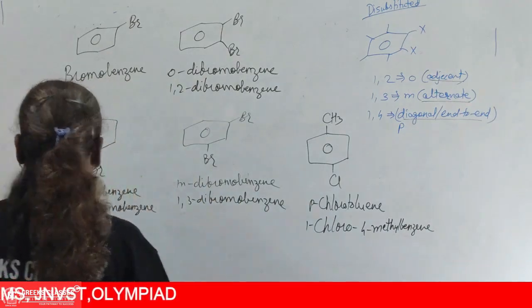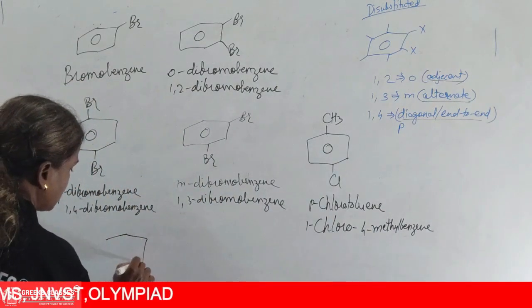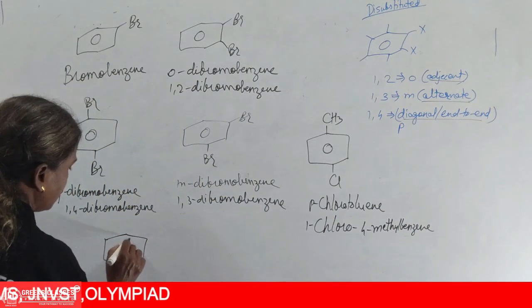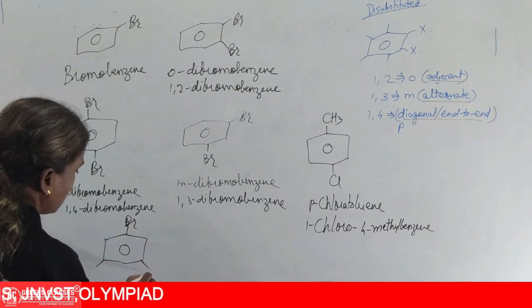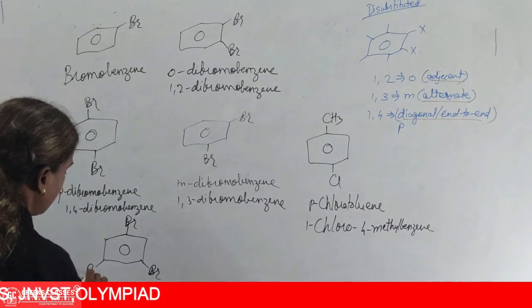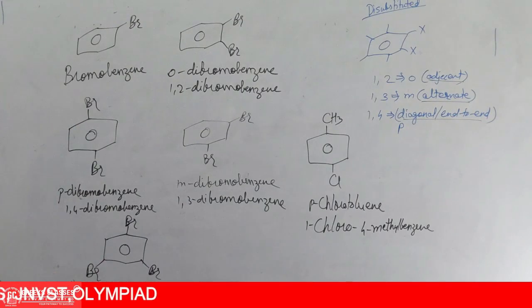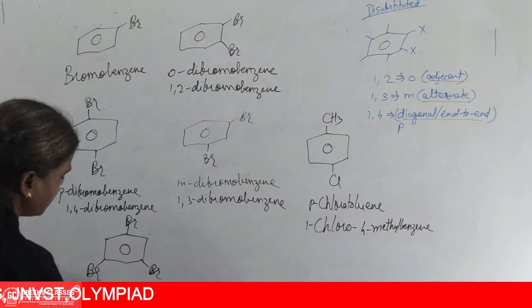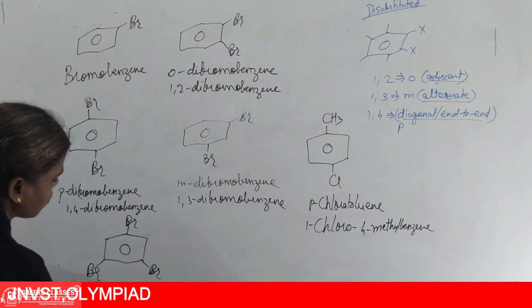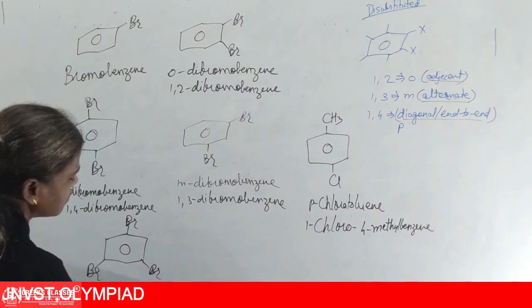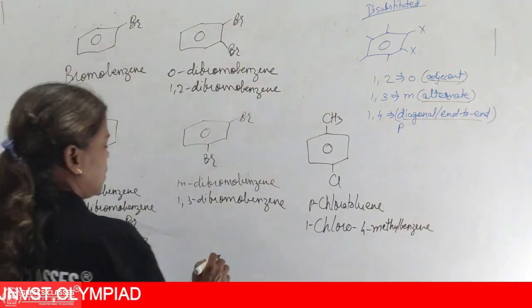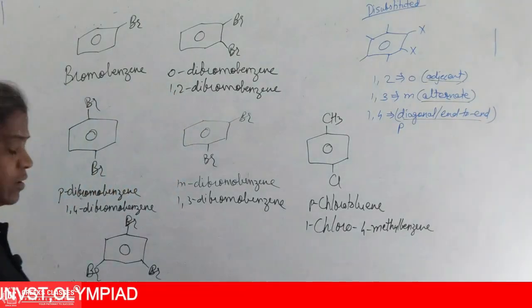All right, now furthermore, if there are 3 different positions where bromine is bonded to the aromatic system, then it is 1,3,5-tribromobenzene.